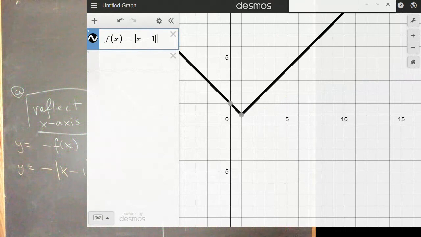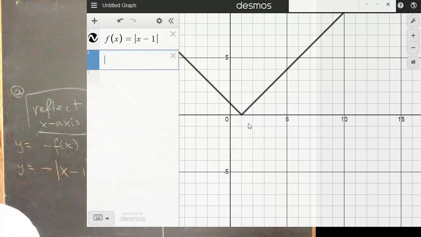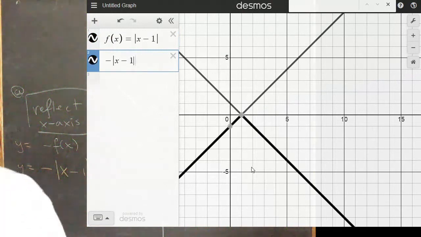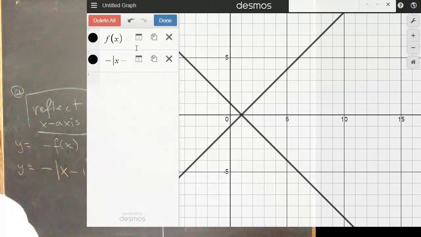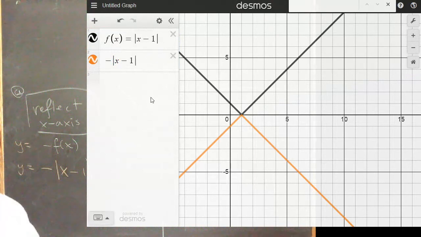There it is, moved to the right. And then, like we said, we want to flip it so that it's down here, and we can do that by just taking the negative of that. There we go, and we should probably use a different color so it looks a little bit different. Orange. Okay, so there we are.